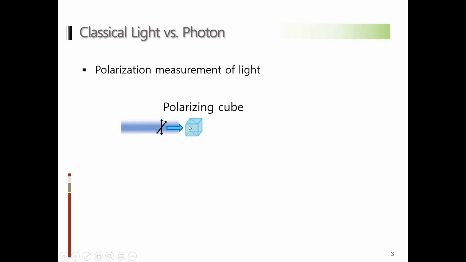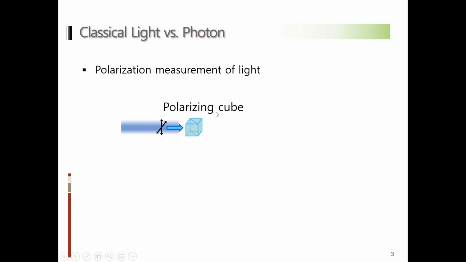Here, what this cube does is it separates two types of polarization. If you started with horizontally polarized light, it will pass through the polarizing cube. However, if your input polarization is vertically polarized, it will be reflected by this one.